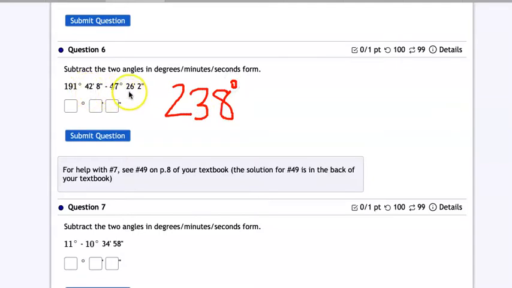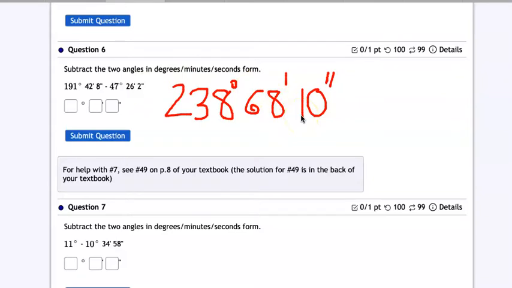Next, 42 and 26 is 68 minutes. And 8 minutes and 2 minutes, these are seconds. Let me say that again. 8 seconds and 2 seconds are 10 seconds.